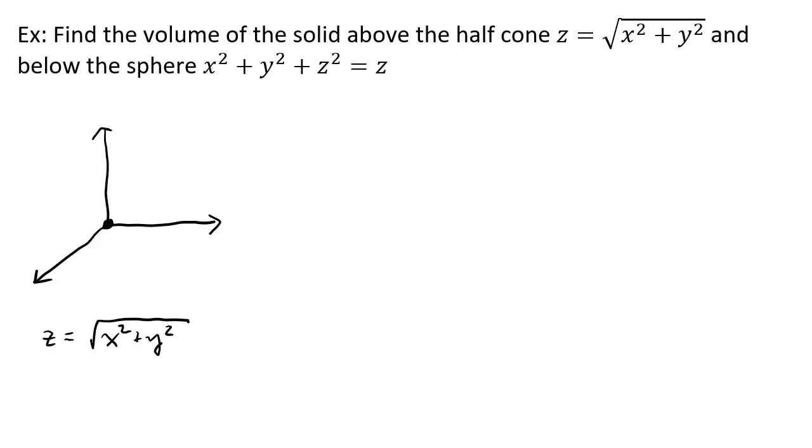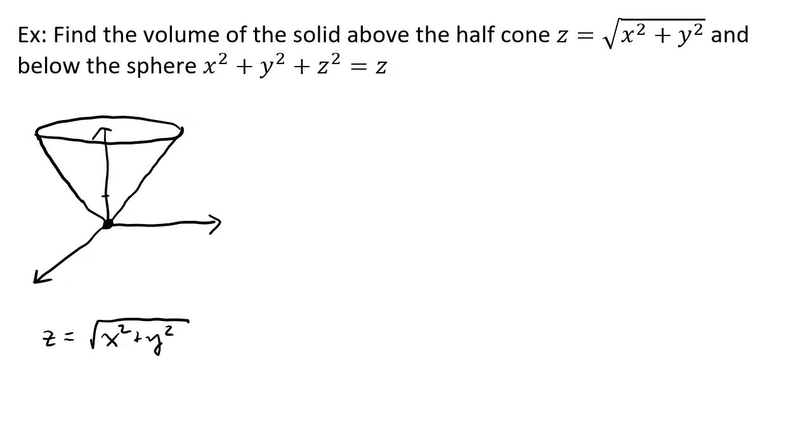When z is 1, we have x squared plus y squared is 1, so that cross section would be a circle of radius 1. As we keep increasing z, the radius of that cross section circle keeps increasing. So we have this nice round upper half cone right here.